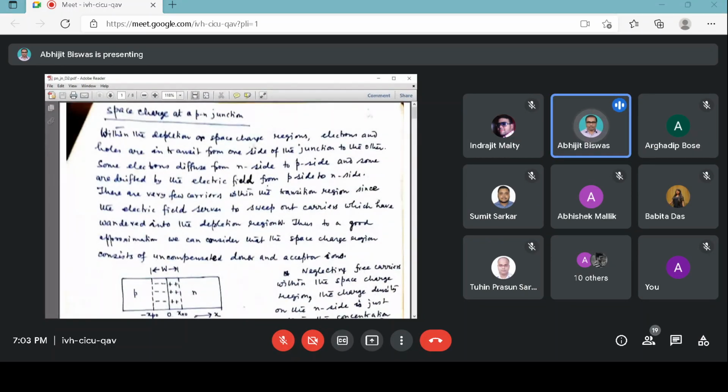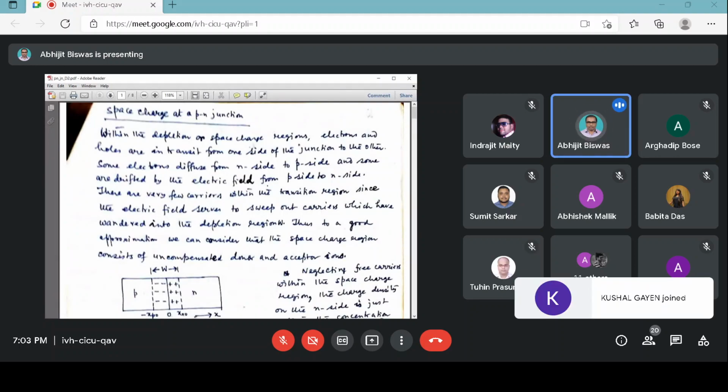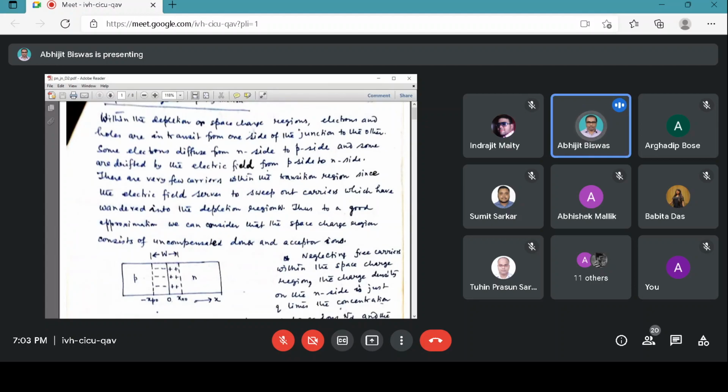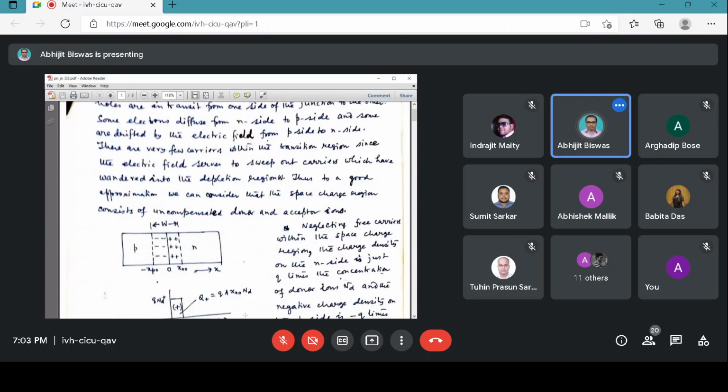So today I shall first discuss the space charge region, or transition region, or depletion region. You see that I have already explained how the depletion region is formed in a PN junction semiconductor diode.